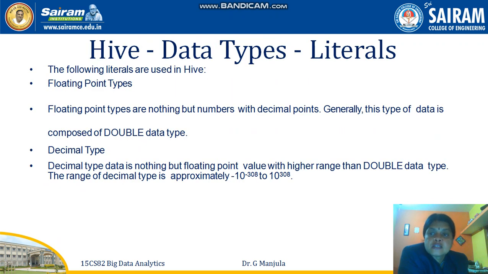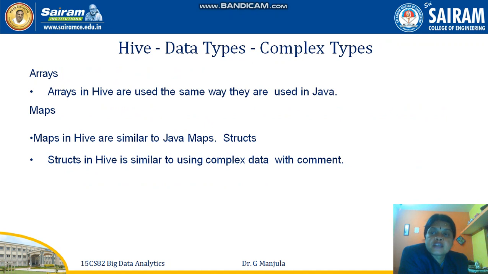Then literals. There are floating point types, double, and decimal types, ranging from 10 to the power of minus 308 to 10 to the power of 308. This is the approximate range of the decimal type. Similarly, we have arrays, used the same way as in programming languages like Java. Maps in Hive are similar to Java, and structures are also similar, used for complex data with comments.